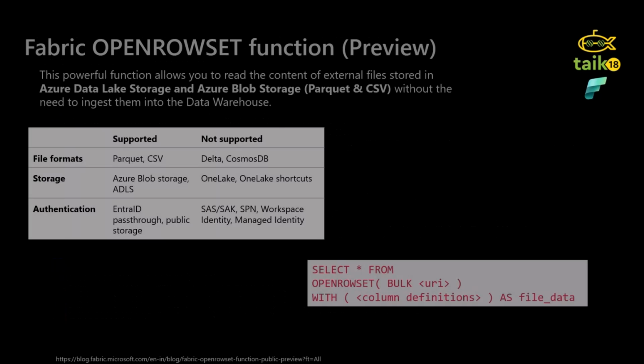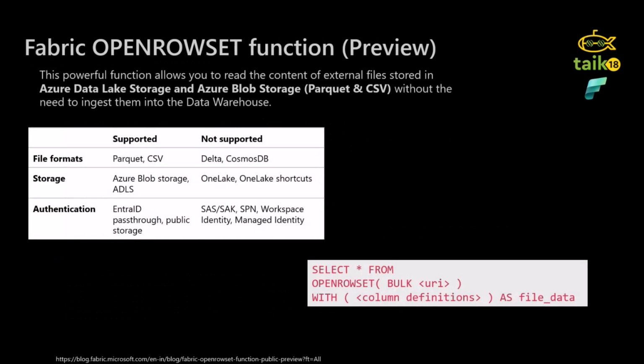Now, moving into this in a little bit more detail. In Fabric data warehouse, we have OPENROWSET. With this we can get the data from Azure Data Lake Storage and Blob Storage, and only Parquet and CSV are supported for now. But in future, it can support Delta, Cosmos DB, OneLake, and OneLake shortcuts.